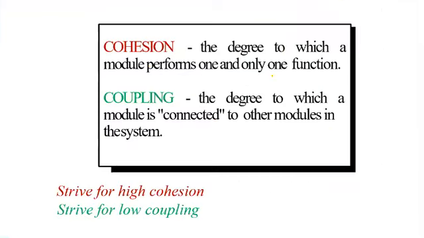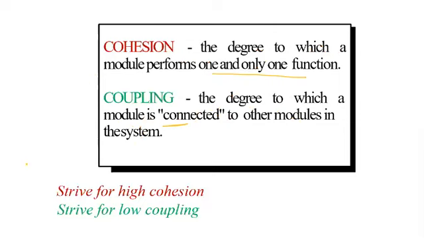Cohesion is the degree to which a module performs one and only one function, whereas coupling is the degree to which a module is connected to another module within the system. Cohesion means one particular module is doing one job without help from another. Coupling means how much it is dependent on another module, how much it is connected, whether it is taking input from different components or not.